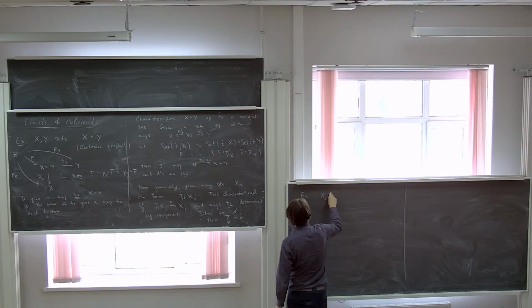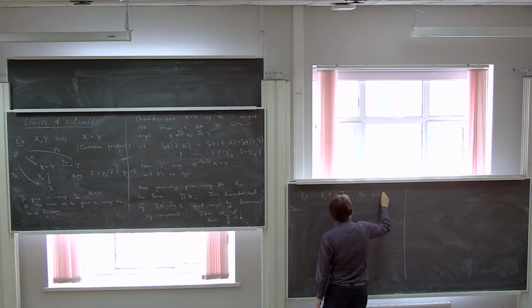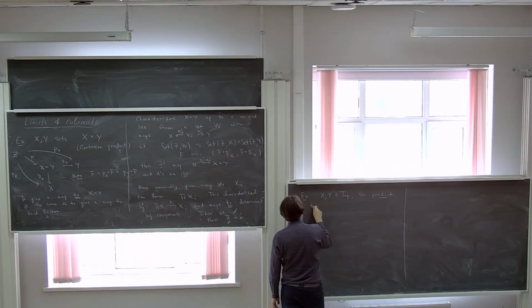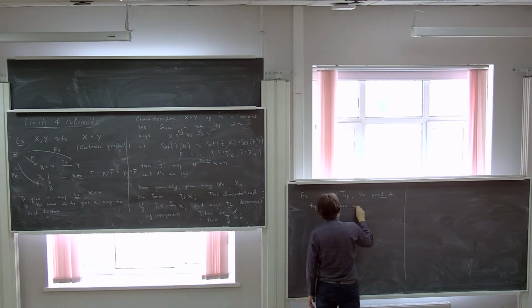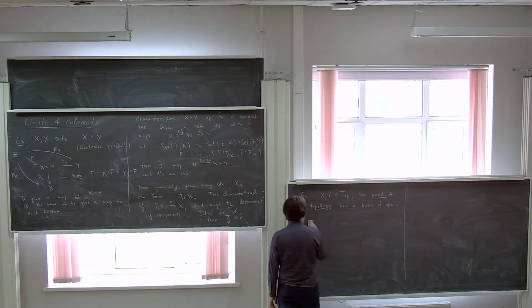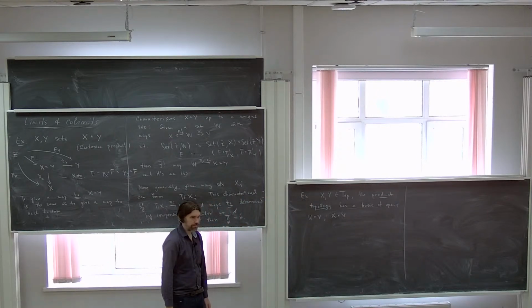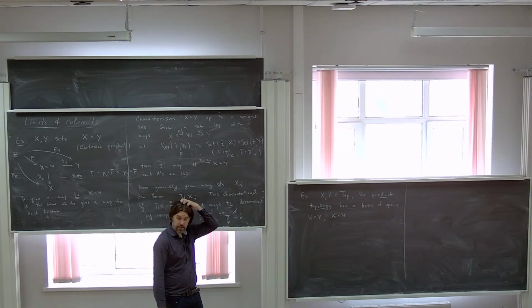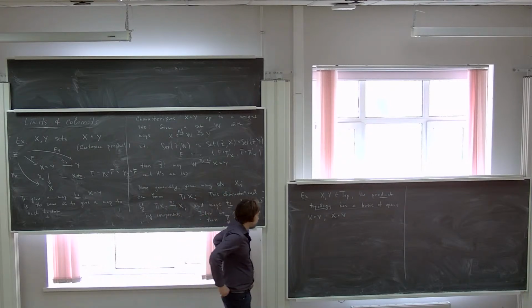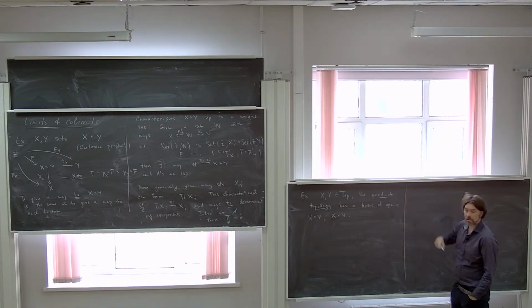If x and y are topological spaces, the product topology has a basis of open sets of the form u cross y and x cross v. Then you can take intersections and finite intersections and infinite unions of those. You get a topology.